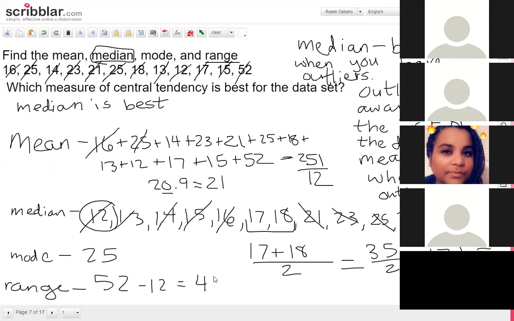Gives us 40. Good. So usually what I've seen so far from looking at those past OGTs, usually if they actually ask you to find the mean, the median, or something like that, it's going to be more than just finding only the mean or more than just finding only the median.